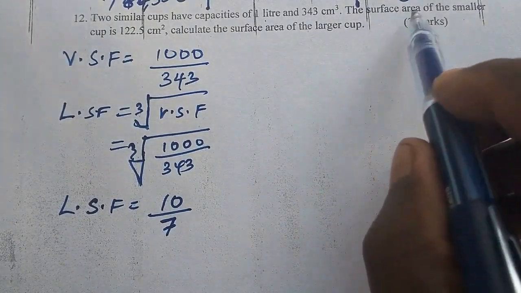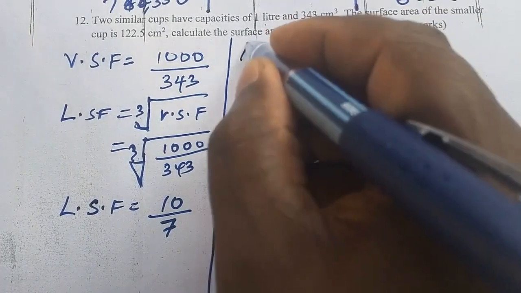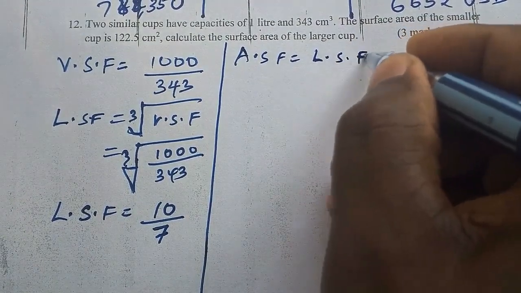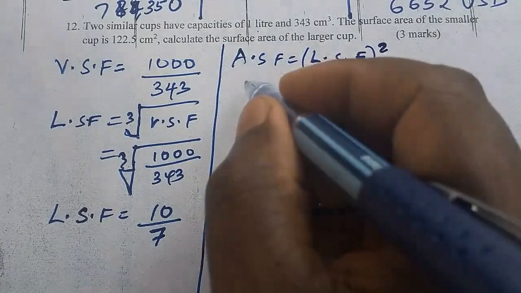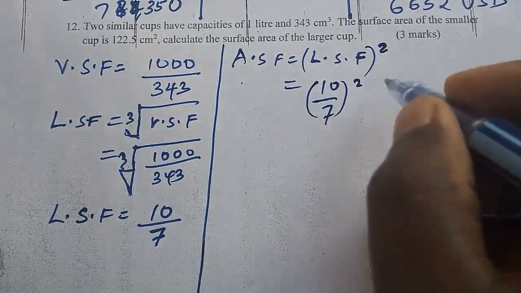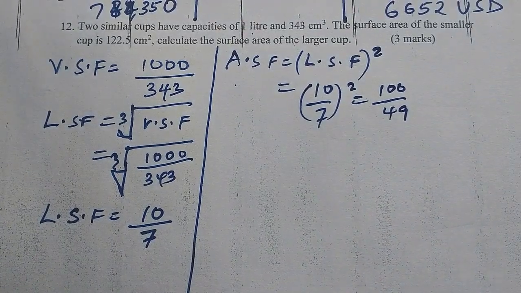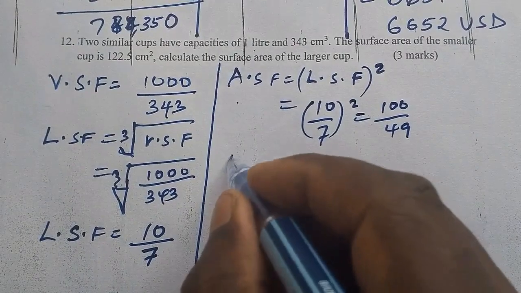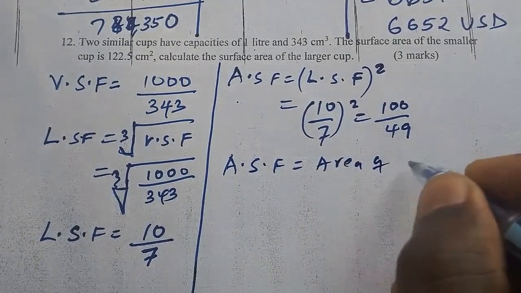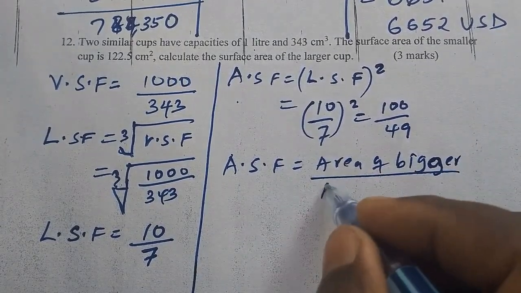So from the linear scale factor, we can get the area scale factor. Area scale factor is equal to linear scale factor squared. So which is equal to 10 over 7 squared. That is 100 over 49. That is the area scale factor. But we know that area scale factor is equal to area of the bigger one over area of smaller.